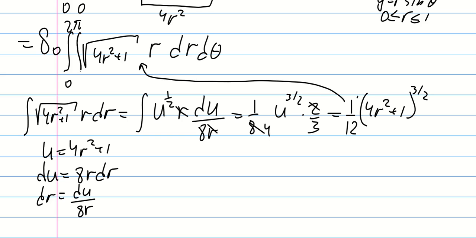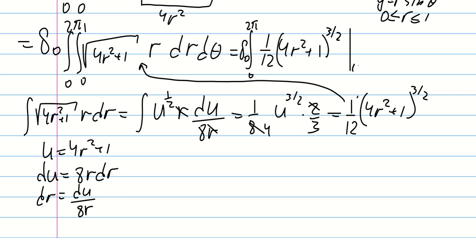Right, and the integral from 0 to 1. So we have integral from 0 to 2 pi of this, we get delta sub 0, we have 1 over 12, 4r squared plus 1 to the 3 halves evaluated from 0 to 1 d theta.